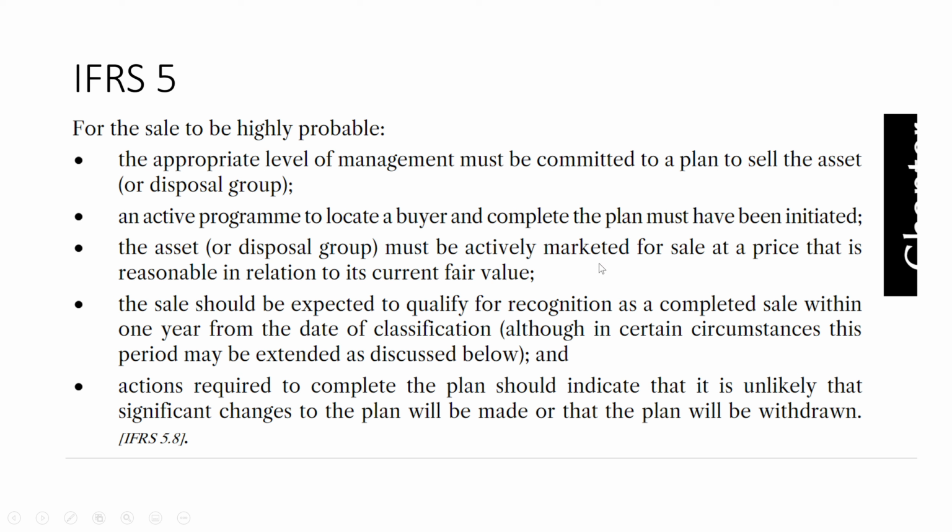The asset has to be actively marketed at a sale price close to the fair value. Okay, I've said the fourth one, I've explained that one in a bit more detail, and there are no indications that the plan is going to be withdrawn or changed. Okay, so tab this up in your open book and then apply it to the question. See if these criteria are met. If not, then you can't have a held for sale asset.